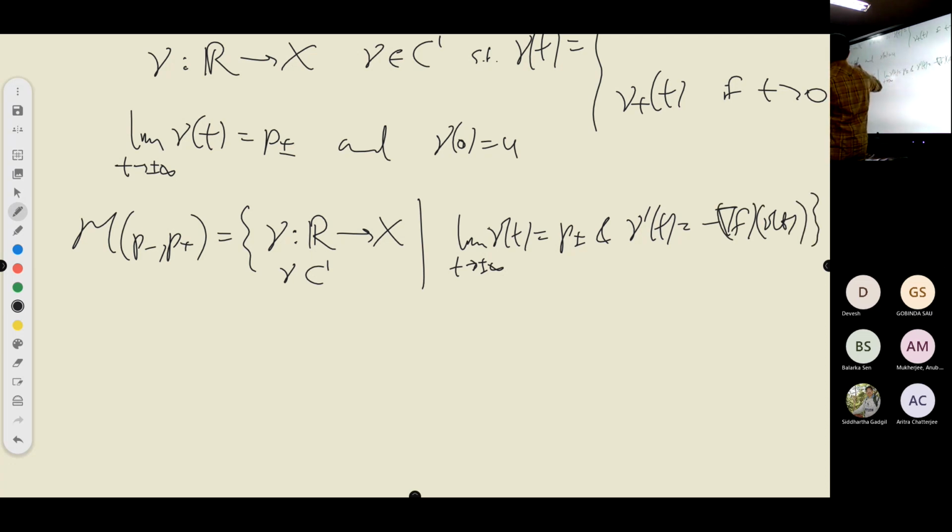And that just follows because gamma plus and gamma minus both satisfy this gradient equation, and so this whole trajectory satisfies it as well.